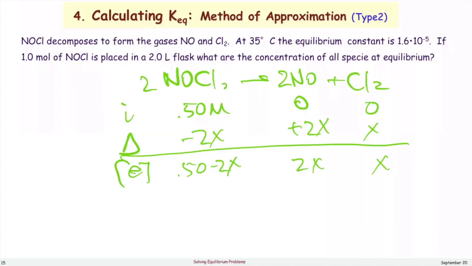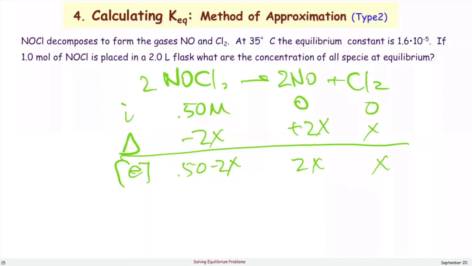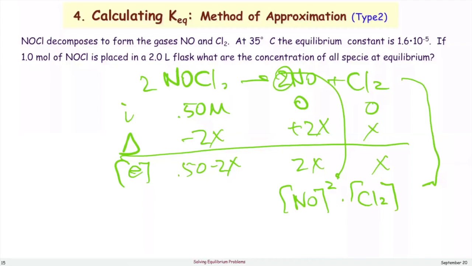Let me show you the fundamentals first. The mass action expression for this is NO squared, because you've got a 2 right there, times Cl2, divided by NOCl squared.